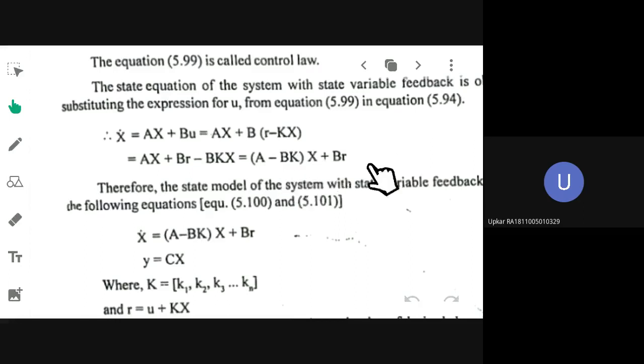And other variations are also shown, plus Br you will be having, where R is your system input. Now there won't be any change in the output equation, so everything is okay. Now you are having a new parameter, that is K. While K is called as your state space feedback gain matrix. This K matrix is called as state space feedback gain matrix.